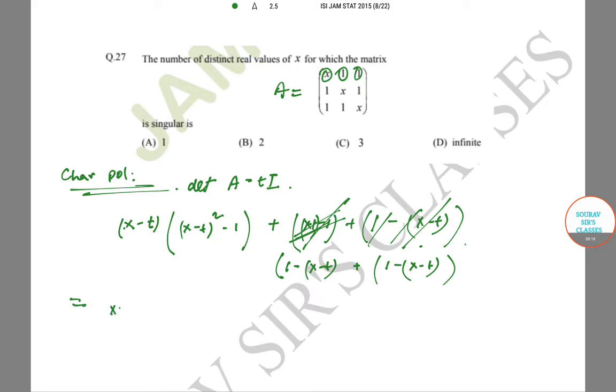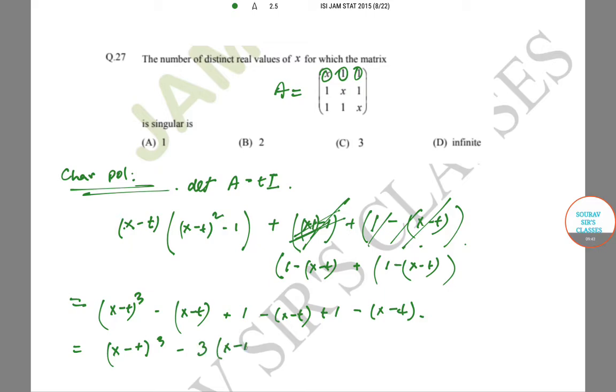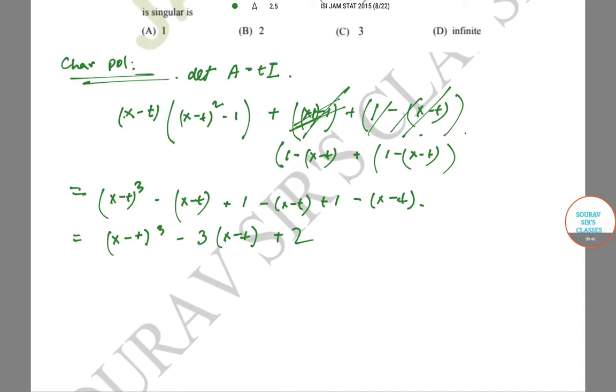This gives us (x minus t) cube minus (x minus t) plus 1 minus (x minus t) plus 1 minus (x minus t), which is equal to (x minus t) cube minus 3(x minus t) plus 2. This is what the characteristic polynomial now looks like.